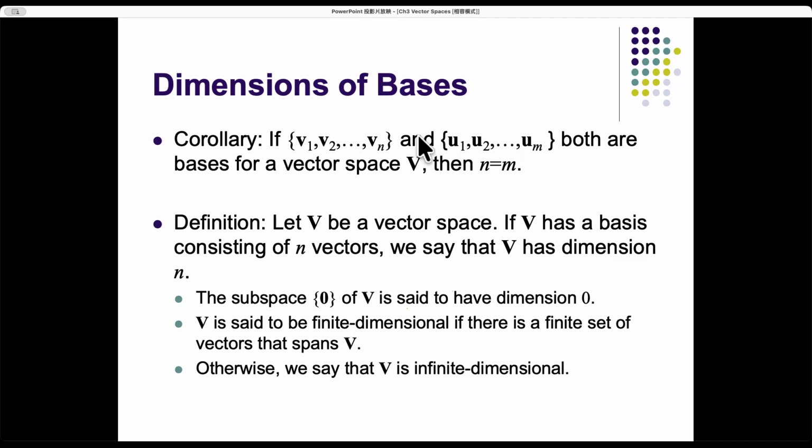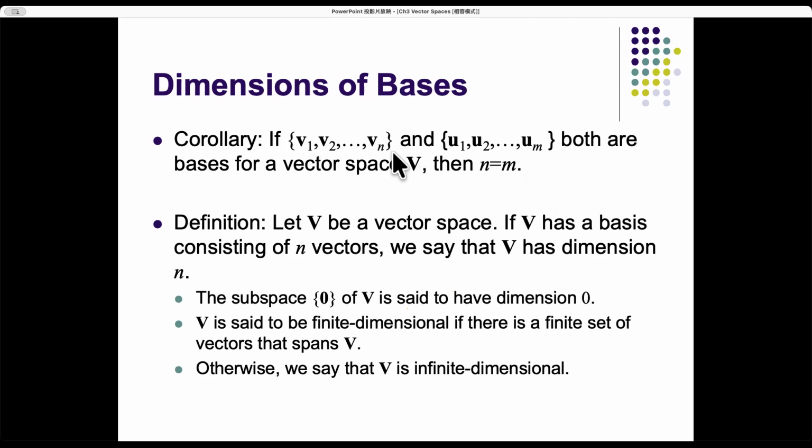If you use the same argument, u1 to um spans V, and you can easily show that v1 to vn cannot be linearly independent if n is greater than m. So if m greater than n is not possible, and n greater than m is not possible either, then the only possibility is n equal to m.